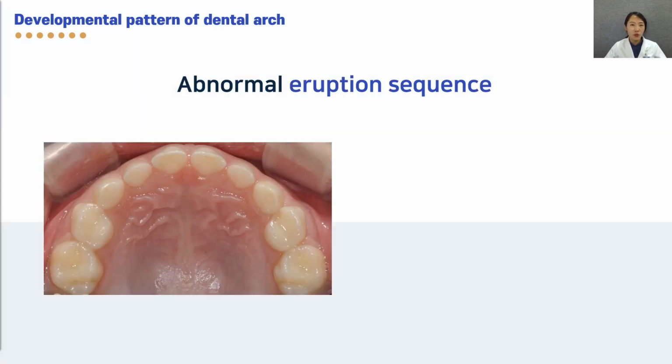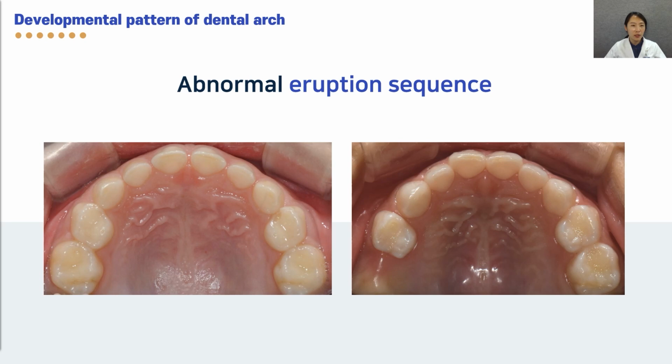Let me show you some clinical cases. This patient was 5 years old and showed normal primary dentition. But the second patient was also 5 years old, and we can't see his right maxillary primary second molar.